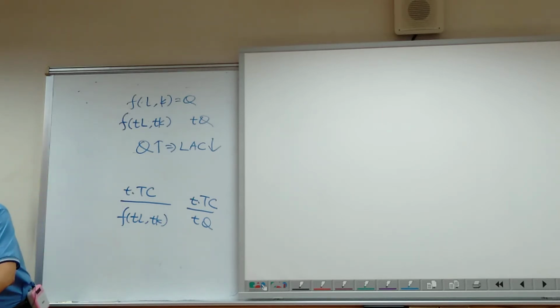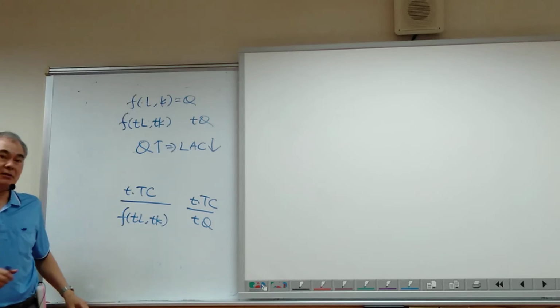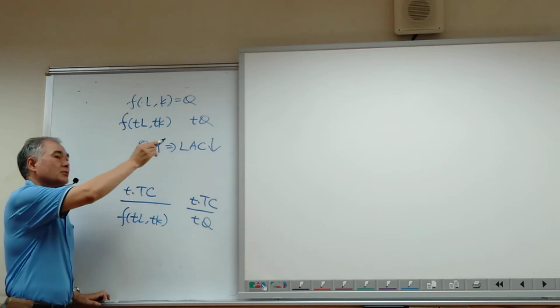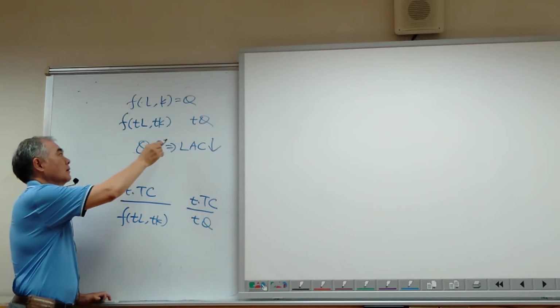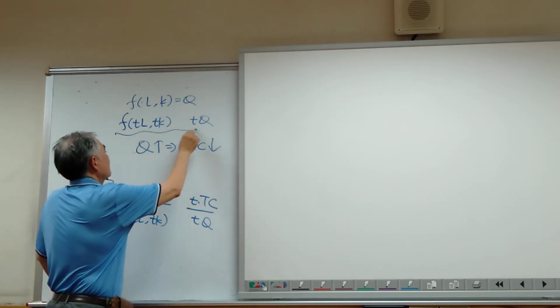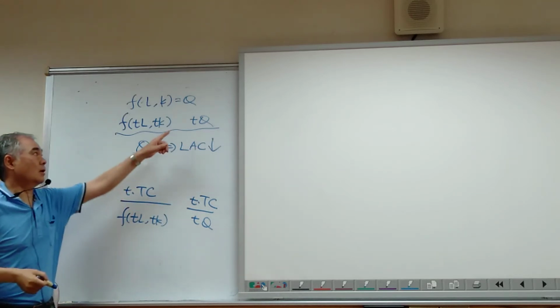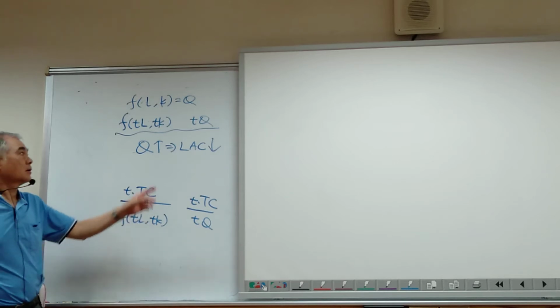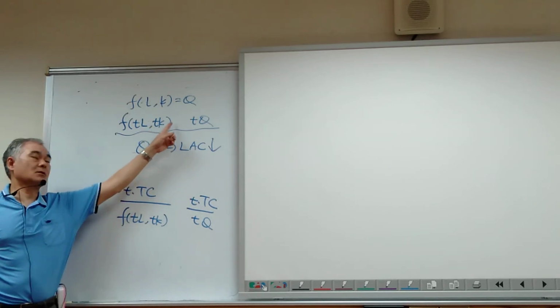It says decreasing returns to scale leads to increasing long-run average cost. If it is decreasing returns to scale, what is the relationship here?